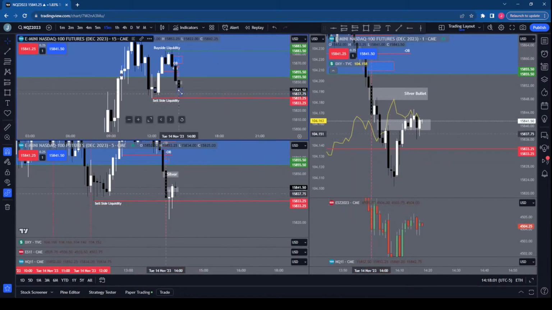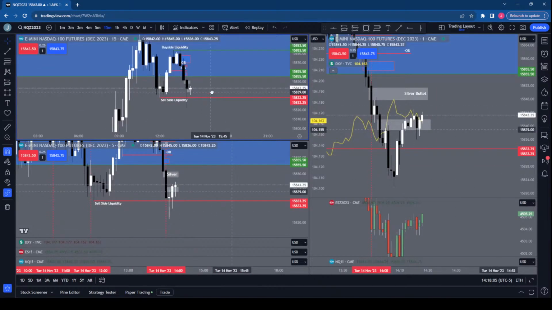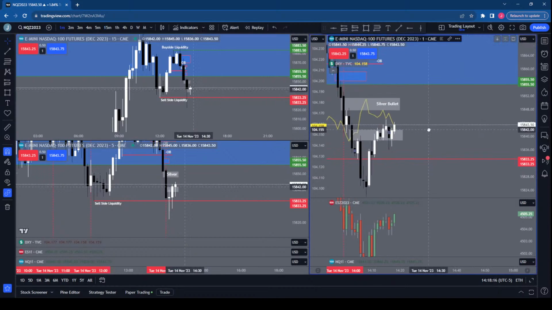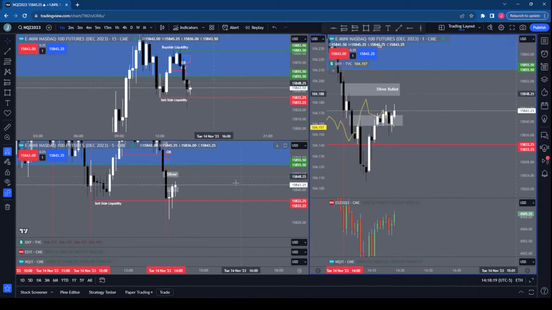And notice how this 15-minute body didn't close that heavy. It just wicked. Again, we could spend the next 5 minutes in between these two fair value gaps and then send it lower.